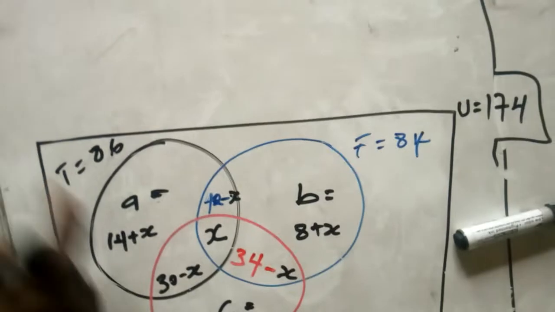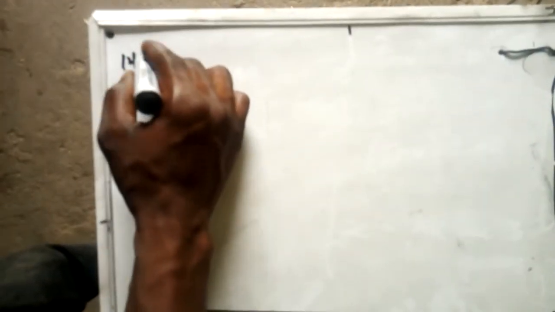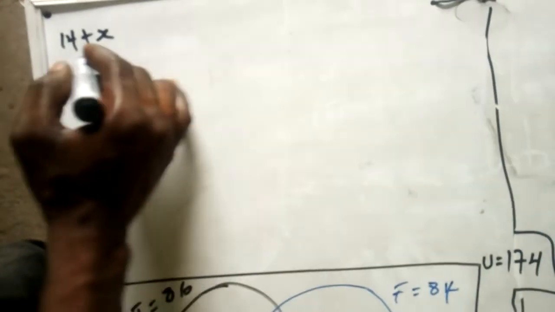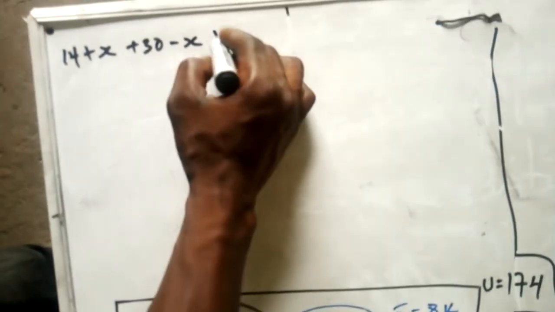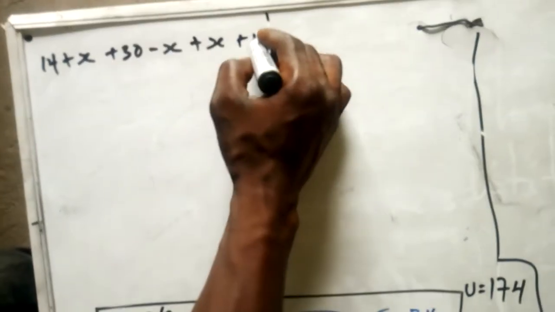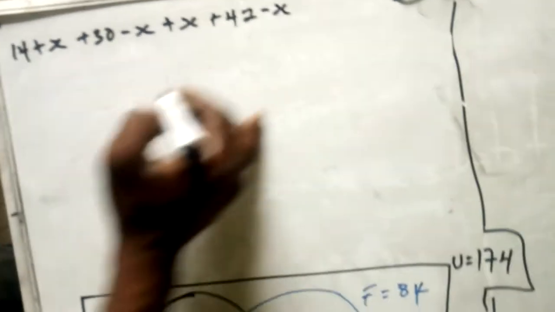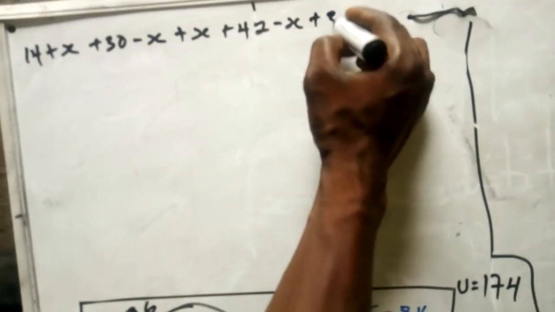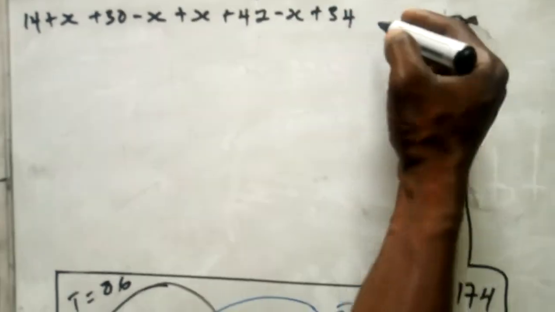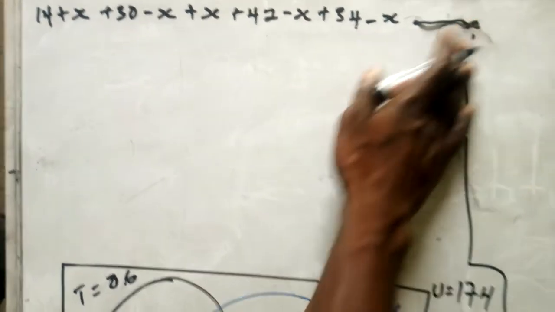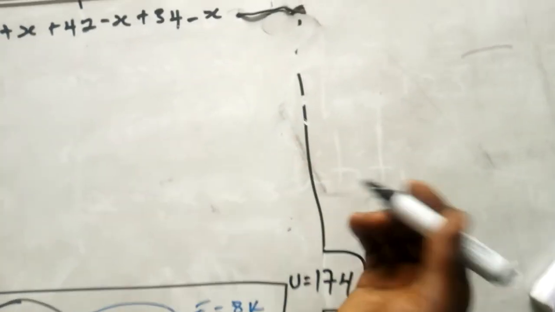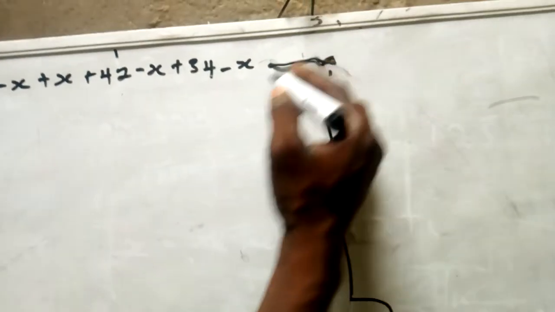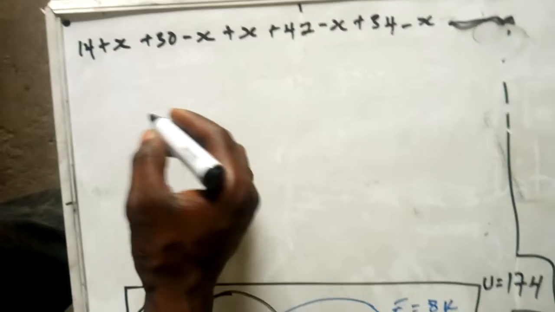So from here I have 14 plus S, and then plus 30 minus s plus another s plus 42 minus s plus 34 minus s. 34 minus s, and then plus, let me bring everything down so that you can see clear, right?